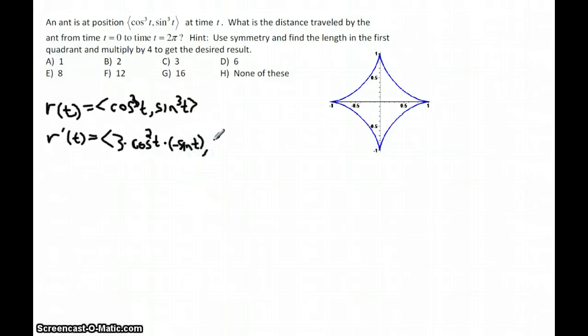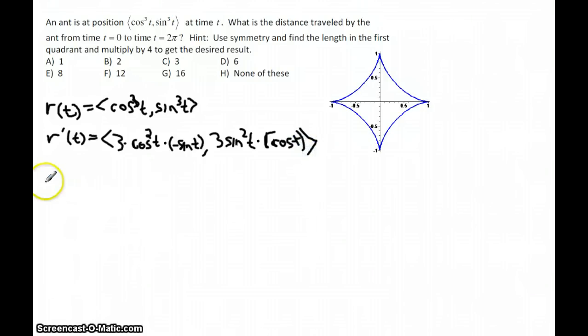Second component, the derivative of sine cubed would be 3 sine squared, and then the derivative of sine, chain rule, would be cosine. Great.